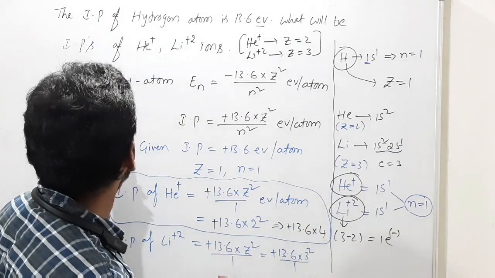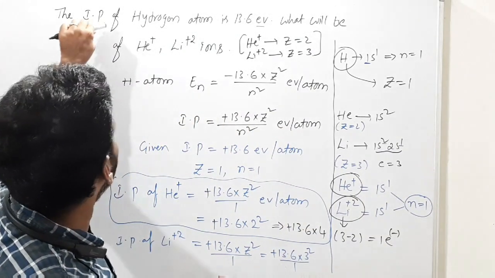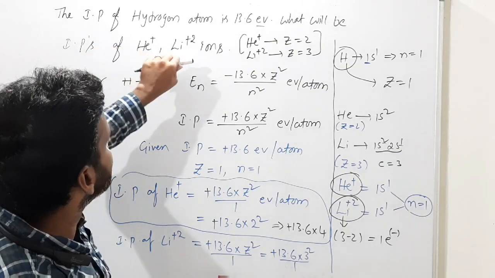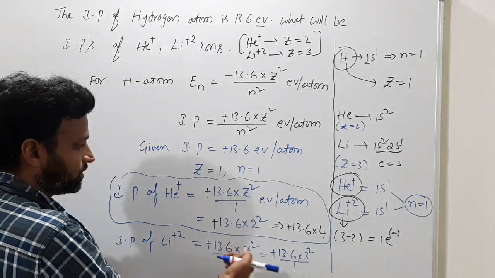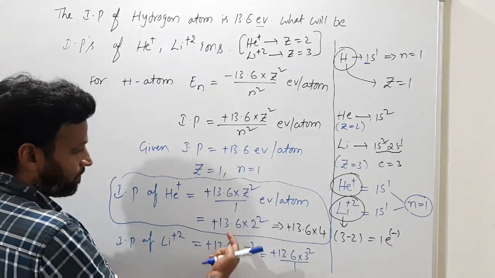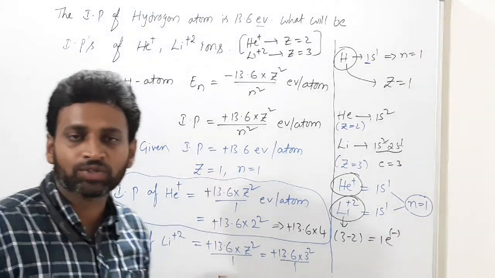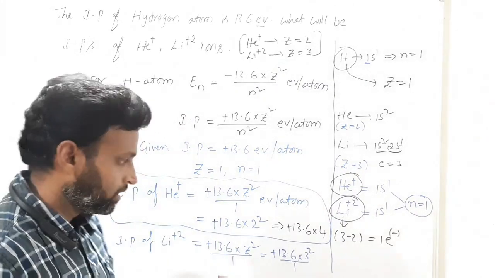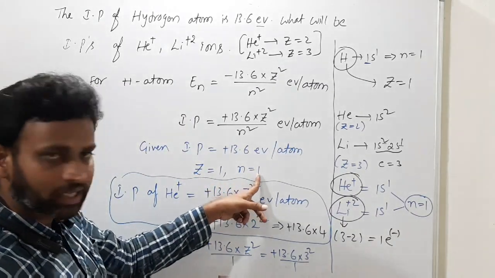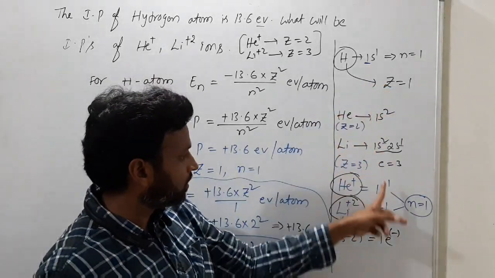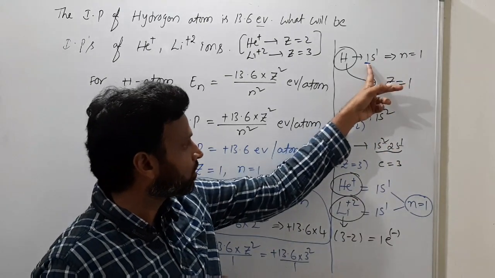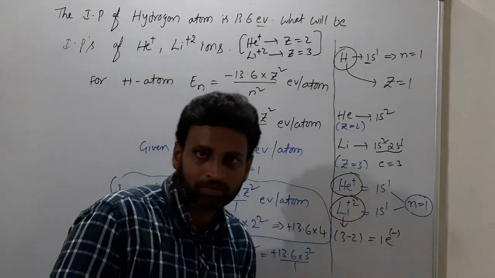So this is about the ionization potential of He plus and Li2 plus. I hope you understood why we took 3 square here and why we took 13.6 into 2 square. Why n value 1 we took, understood? All have 1 electron, so that electron is present in the first shell everywhere.